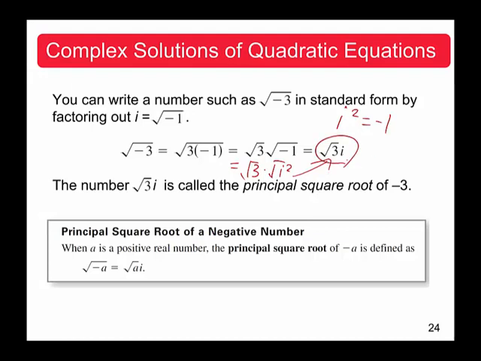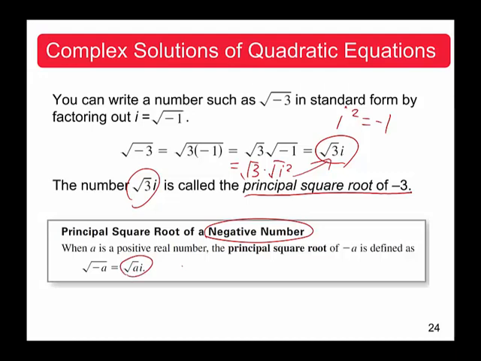Okay, and this is very crucial. So radical 3 i is called the principal square root of -3. Also, it's called a root of -3. So typically, for any negative number, when you're taking the radical of a negative number, you just get the radical of that number times i. Okay, very simple.